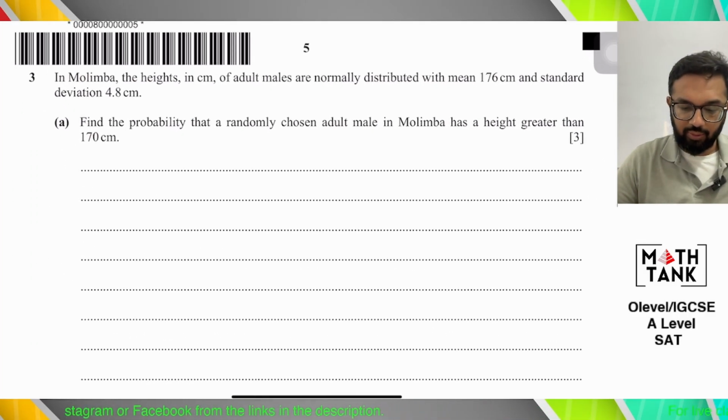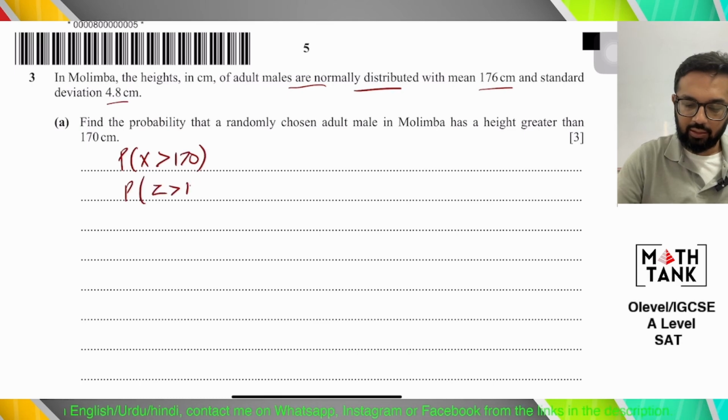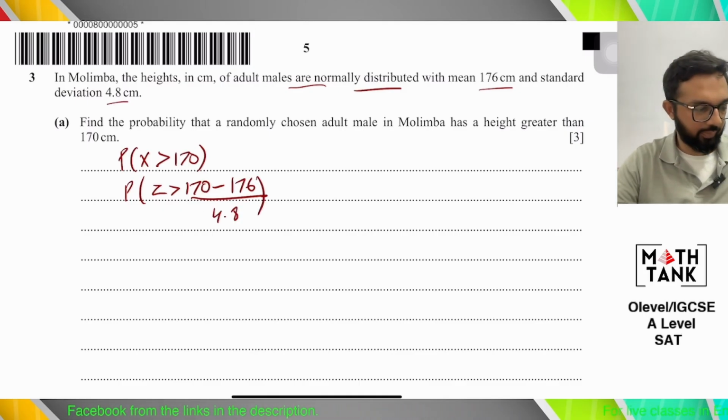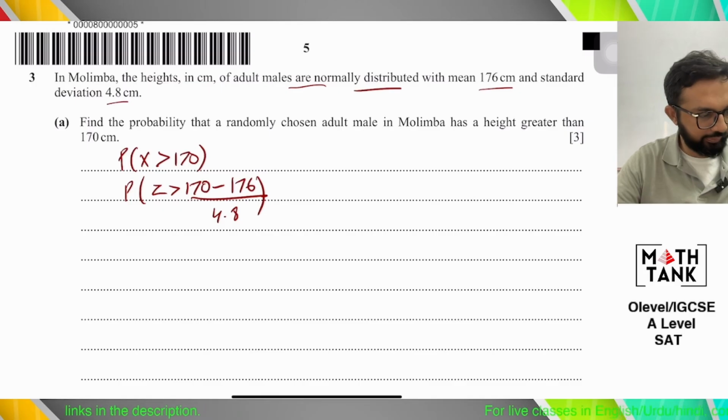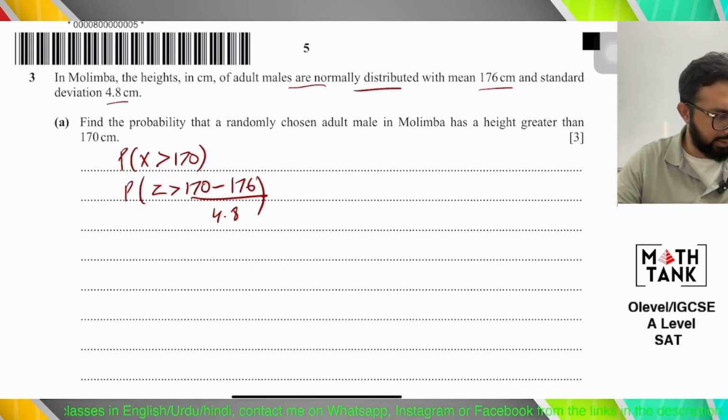It says in Malimba, the heights of adult males are normally distributed. So that's a normal distribution, mean 176 and standard deviation 4.8. Find the probability that a male has a height greater than 170. The Z is 170 minus 176 divided by 4.8, so minus 1.25, I think.